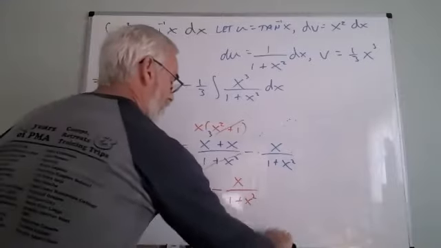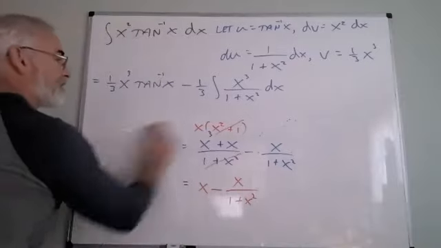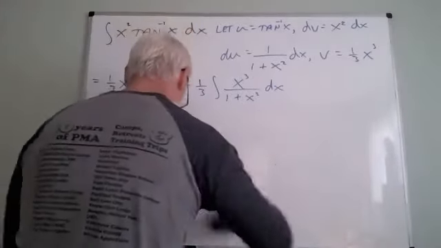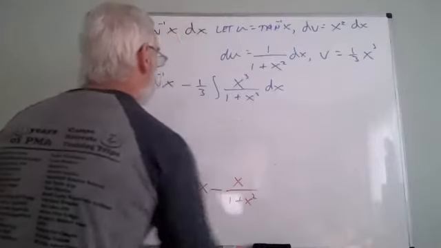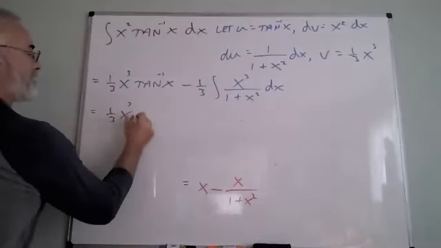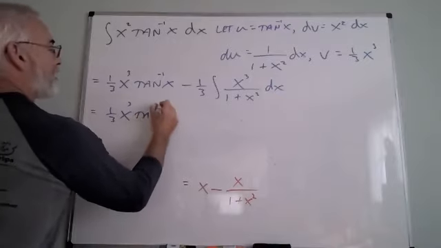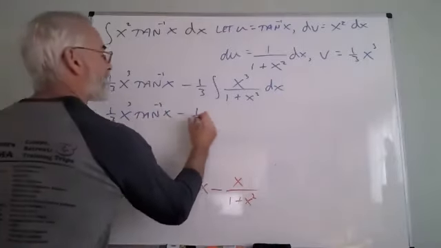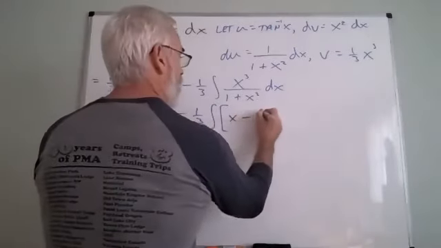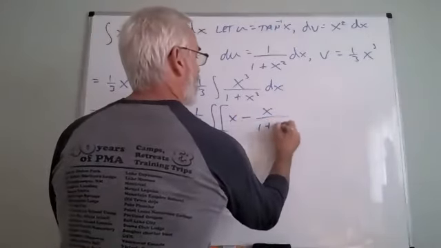So this is what that particular quantity will reduce to this time. So this is then 1/3 x cubed inverse tan x minus 1/3 times the integral of x minus x over 1 plus x squared.